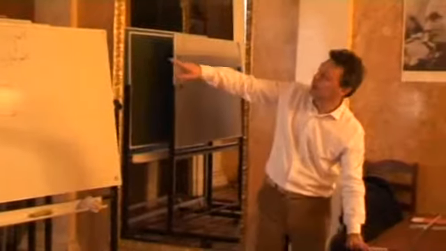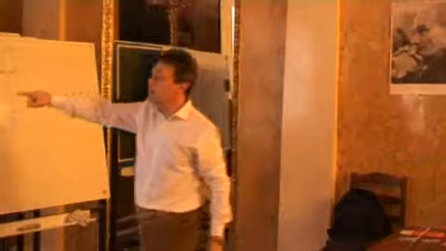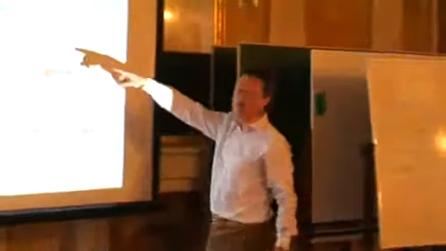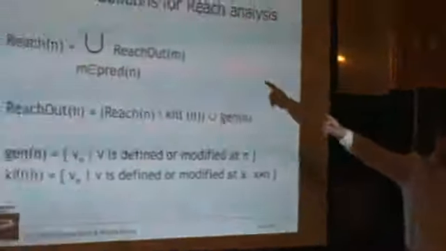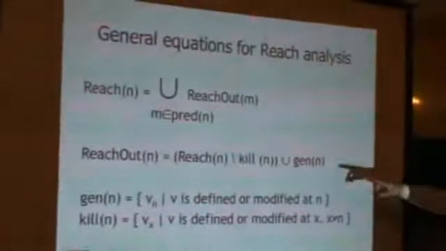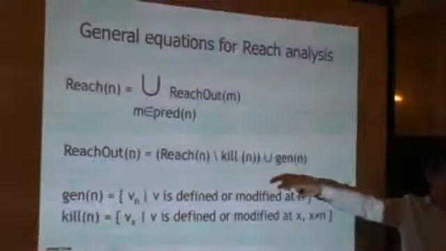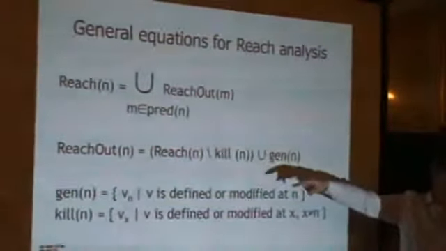And then you can do several things. One is what is called reachability analysis, or reach analysis, where what you are after is a union, which means at least one. This is true if you can reach a node with a definition from at least one path.